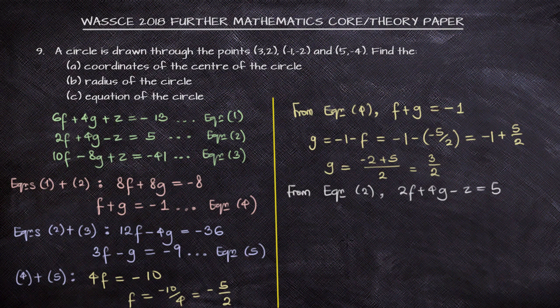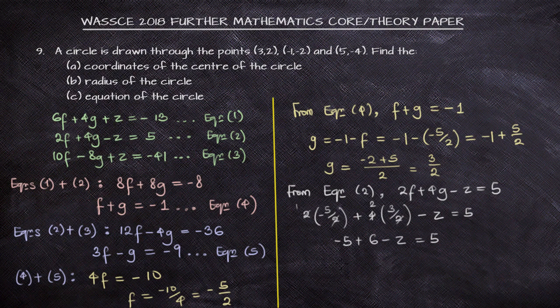Meaning that if I substitute my values, I will have 2 into minus 5 over 2 plus 4 into 3 over 2 minus z, which I'm looking for, is equal to 5. So now I can cancel out the 2 to have minus 5. 2 times 3 is 6, plus 6 minus z is equal to 5.